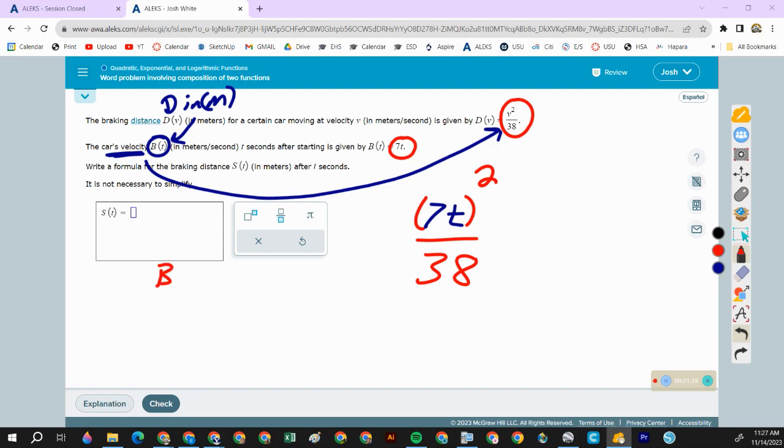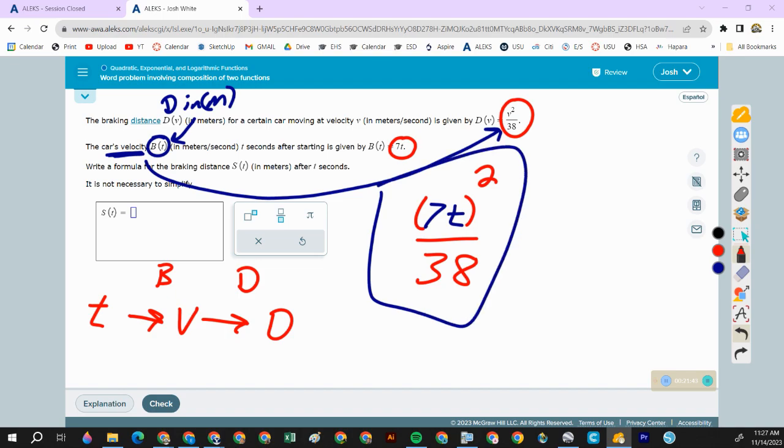So b takes time and turns it into a velocity, and function d takes velocity and turns it into a distance. What does this function do? It skips the middleman. Does that make sense?